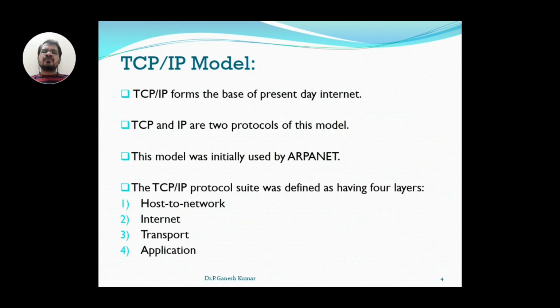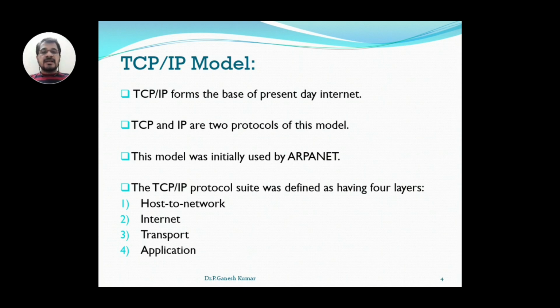This model was initially used by ARPANET. We already know what ARPANET is: the Advanced Research Projects Agency Network. The TCP/IP protocol suite was defined as having 4 layers, whereas the OSI reference model has 7 layers. Starting from the bottom up, these 4 layers are the host to network layer, the internet layer, the transport layer, and then the application layer.